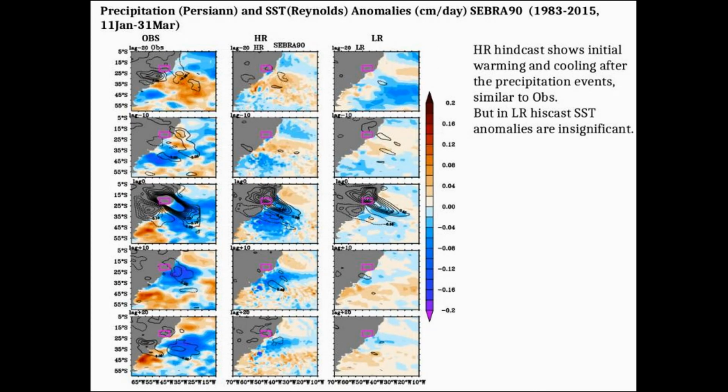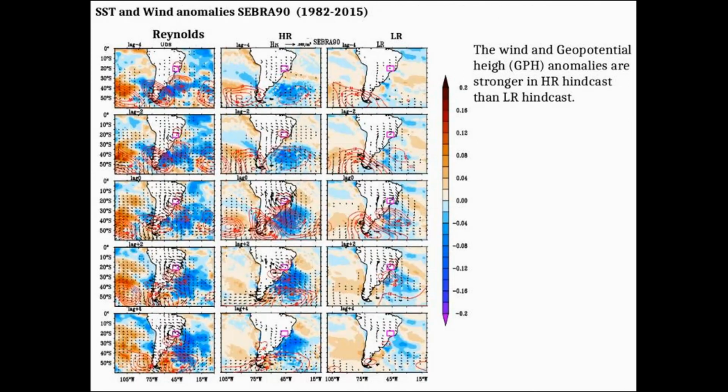Now I tried to see how this precipitation event is linked to the SST. Does SST have a signal when this pattern is emerging? Here I showed 1983 to 2015, taking 11 January to 31st March. We removed the first 10 days of the SST data set, as that has a signal of data assimilation, and the major pattern would arrive as changes due to the data assimilation.